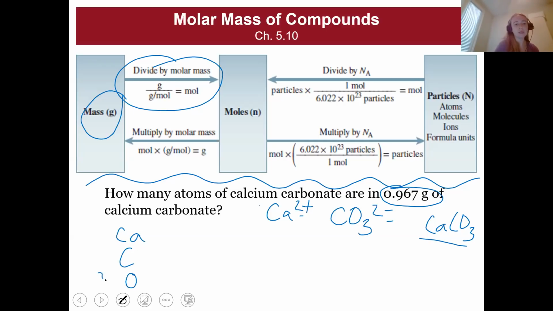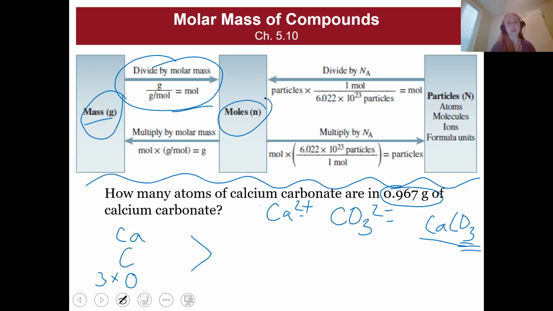And then there's 3 oxygens from our subscript in the carbonate ion. So you need 3 times that molar mass of oxygen. And then you add all that together to get the molar mass of calcium carbonate. Then you have mass divided by molar mass gets you to moles.